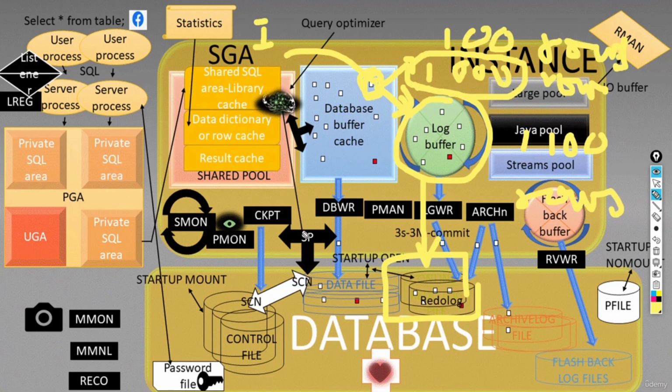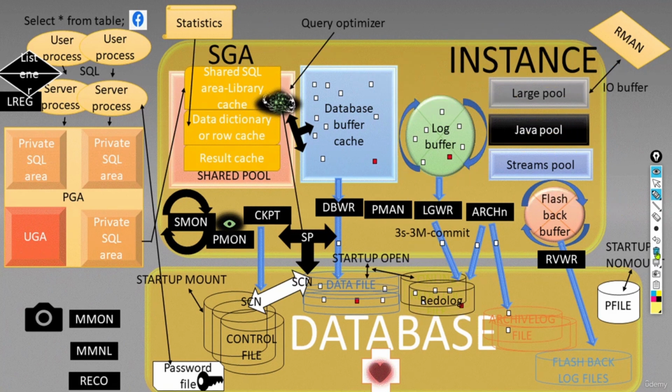Okay, so I'm not going to explain other background processes and all these things because it is not required for SQL tuning purposes. Okay, so in the next session we'll see about SQL processing.